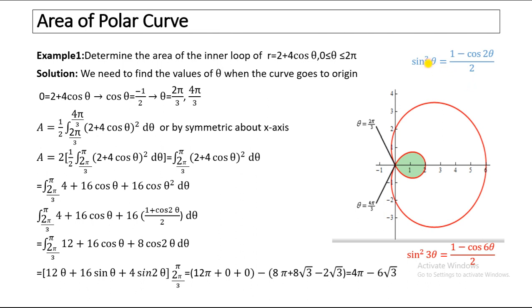If there is half theta, I will have 1 minus cosine theta over 2. If there is 3, I will have 6. If there is half, I will have 1.